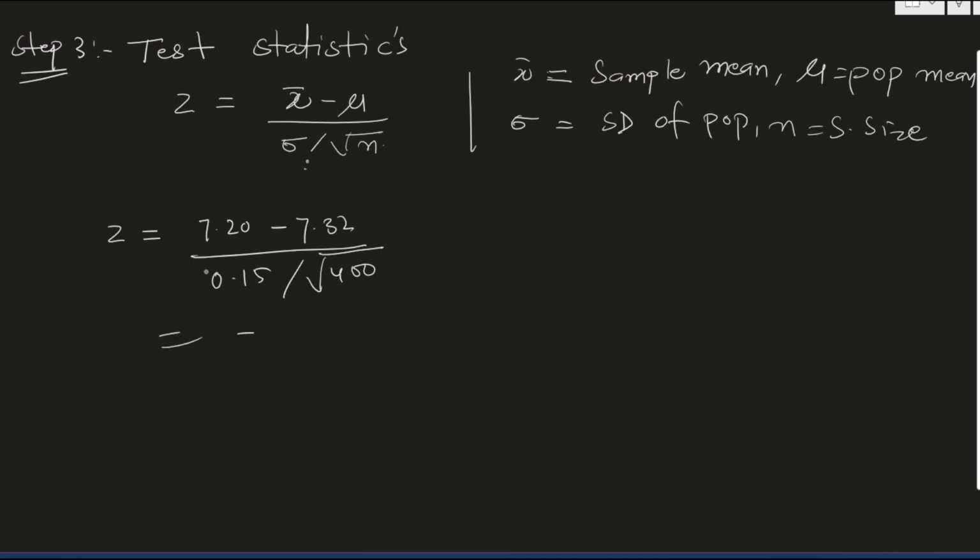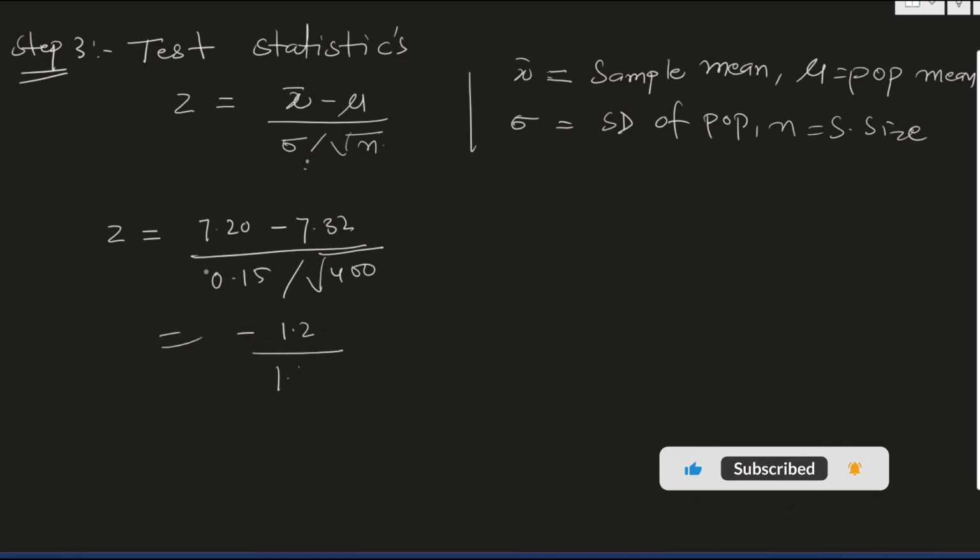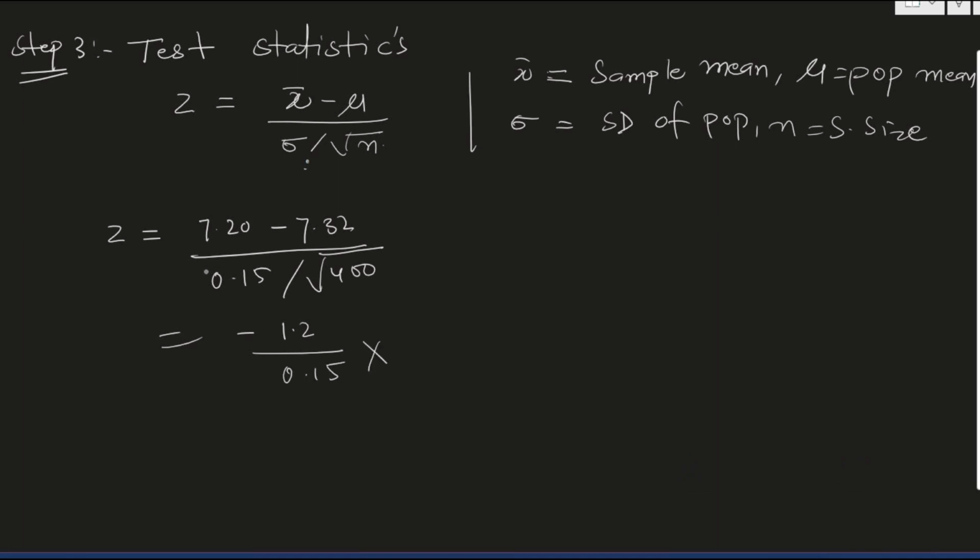So this will be minus 0.12 divided by 0.15 over the square root of 400, which is 20. So we will get the test score.